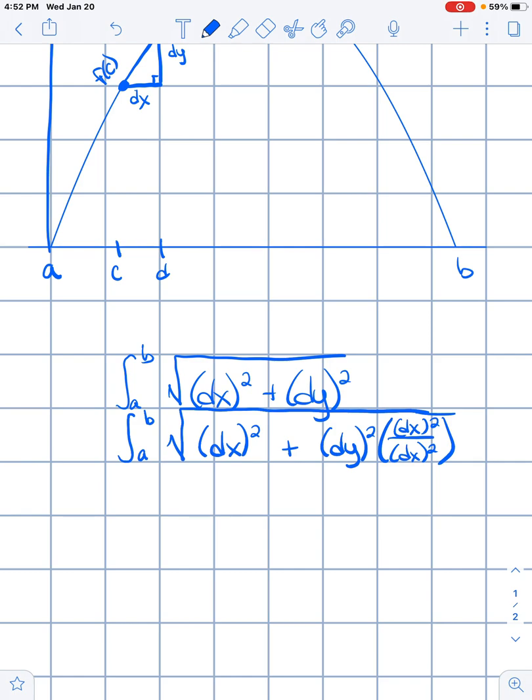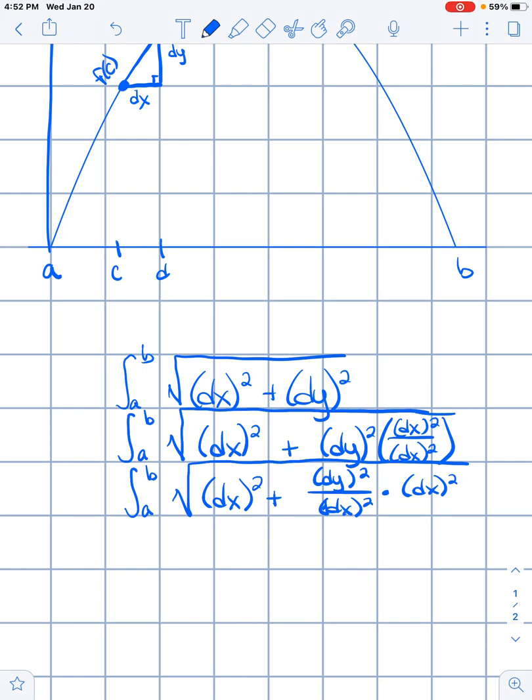And there's a method to the madness, and just bear with me for right now, because what I can do then is rearrange this, that second term there, and I'm going to rewrite this as dy squared over the bottom dx squared, and then I'll still have this dx squared left over.